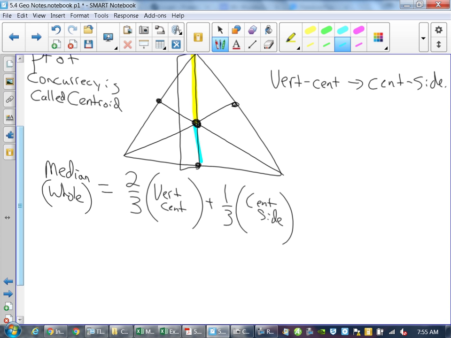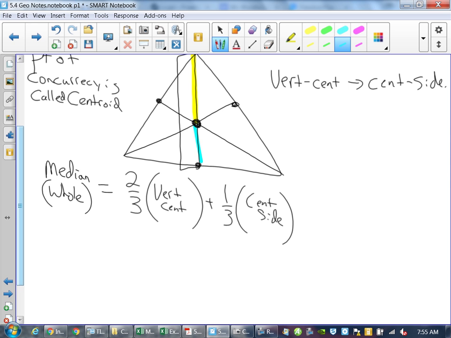Because what I want you to think of, if you look at 2/3 and 1/3, what can you say about the relationship between 2/3 of something and 1/3 of something? They're the same denominator. How many 1/3s make up 2/3? So isn't 1/3 half of 2/3?